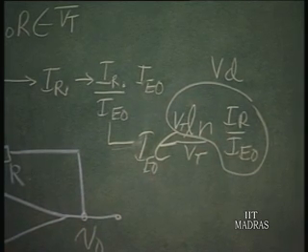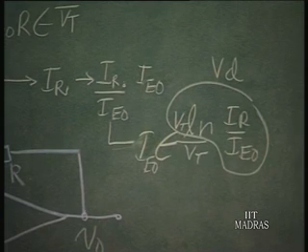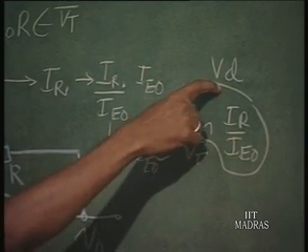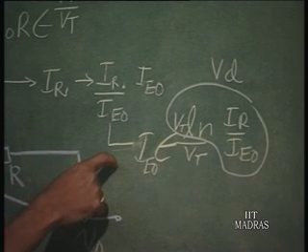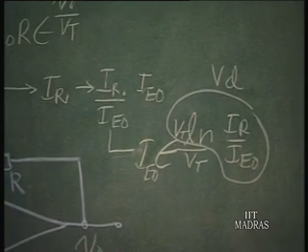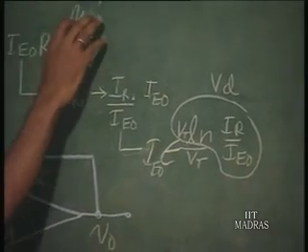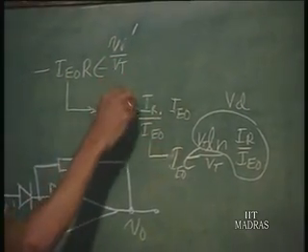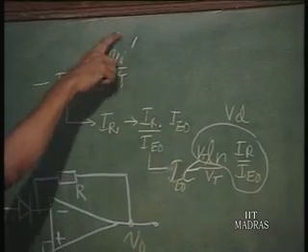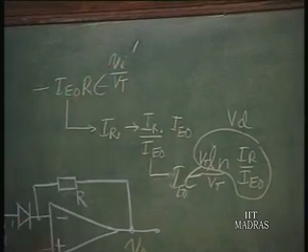That means, if I bias a diode with a constant current of IR, this voltage can be developed, which will give me a factor IR by IE naught. That means, actually speaking, if I want now this to be simply coming as Vi, I have to have this Vi plus this voltage coming at the input of this Vi prime.